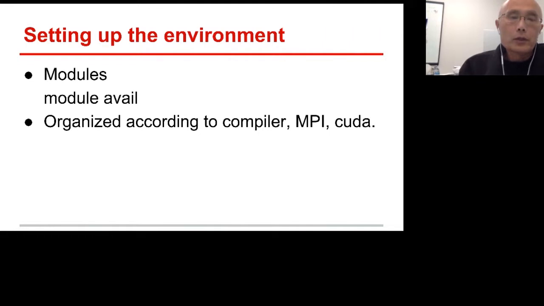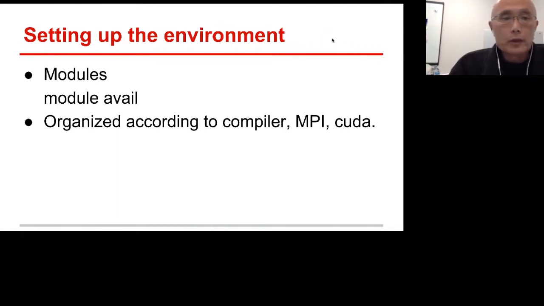The difference between the new systems and the systems we've had in WestGrid is that this is organized in a hierarchical fashion, according to compiler, or the use of MPI, or the use of CUDA. So when you just type module avail, it will show you all the software that is compiled with the Intel compiler.